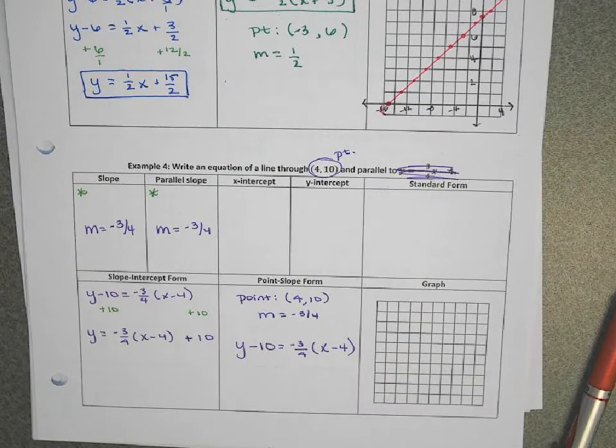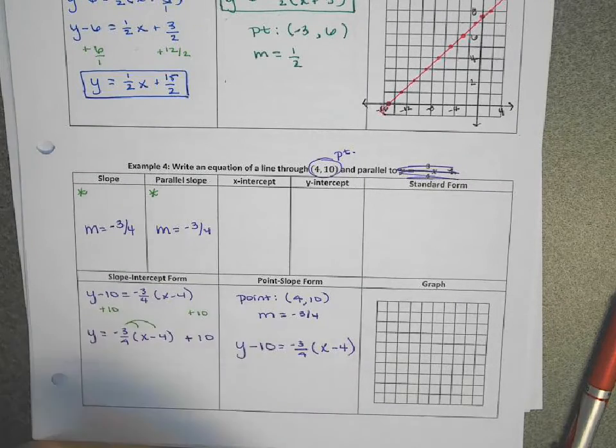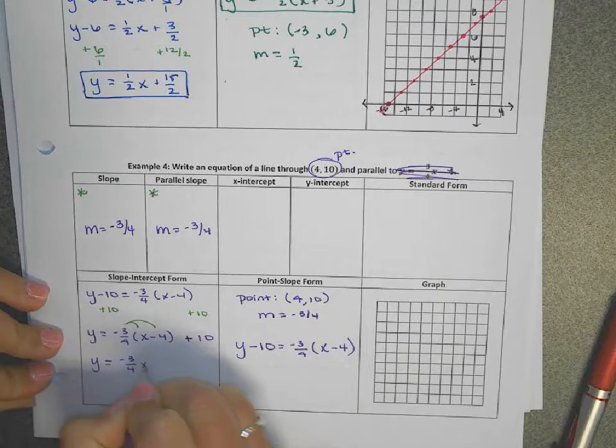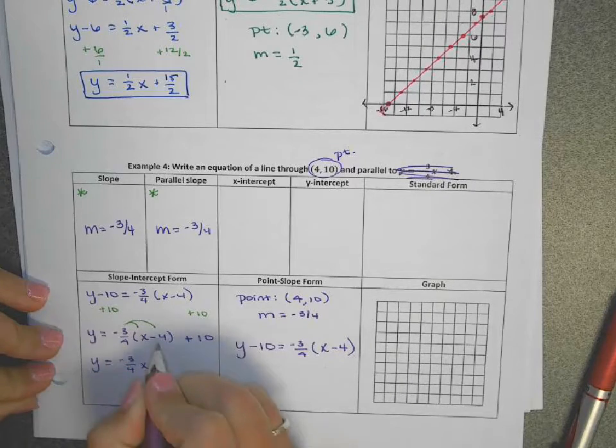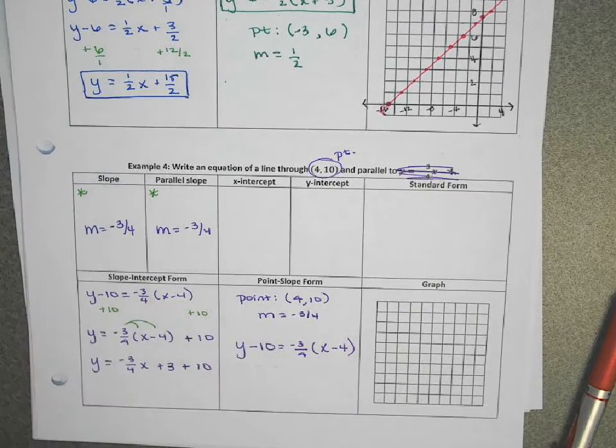Okay, that's not quite slope-intercept form yet. So what else do you have to do? Distribute. Y equals -3/4 x. -3 times -4 is +12. +12 divided by 4 is +3.